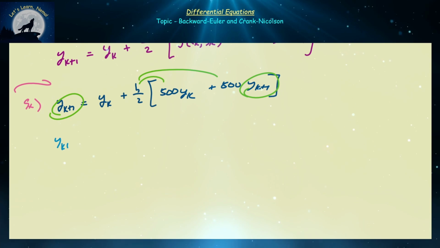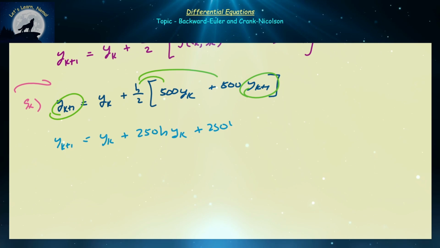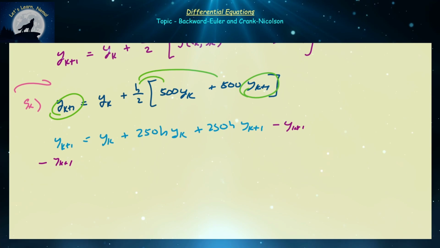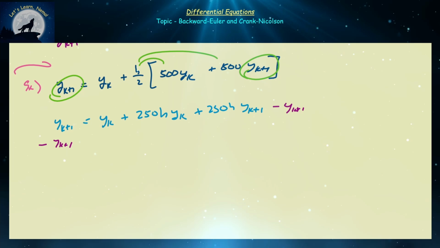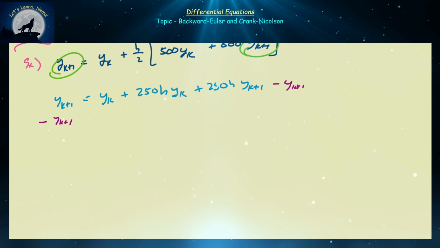So we're going to have y_{k+1} equal to y_k plus 250h y_k plus 250h y_{k+1}. And then we can start isolating all of our terms together. In particular, we can subtract this y_{k+1} term off, and then see what we get.